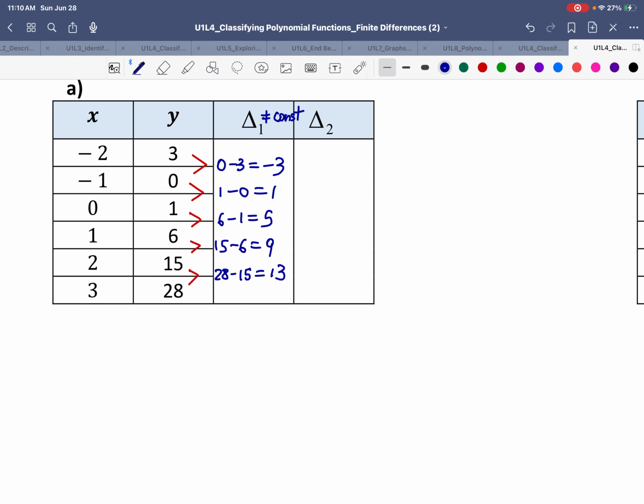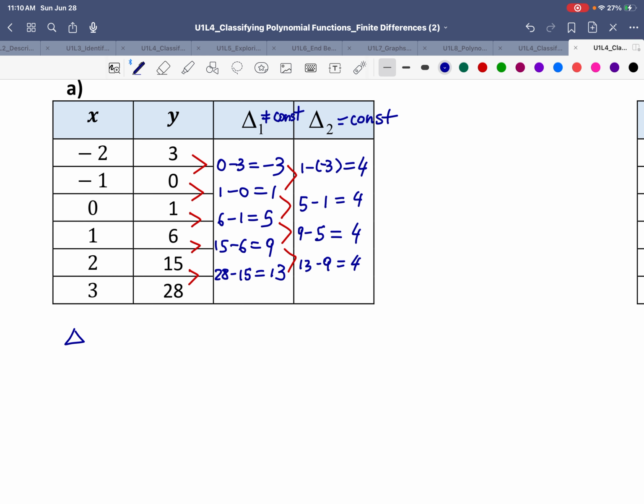So we're going to move on to second differences. We find the second differences in the same fashion again. So we have 1 minus negative 3, that's a 4. We have 5 minus 1, again a 4, so it seems that we have a pattern here. 9 minus 5 is 4, and 13 minus 9 is 4. So the second differences are constant.